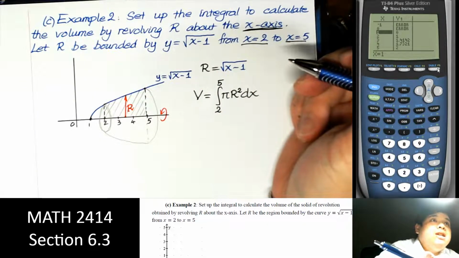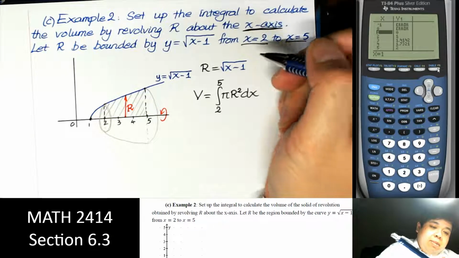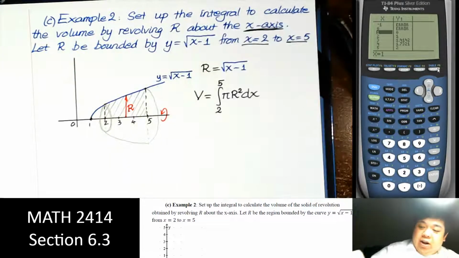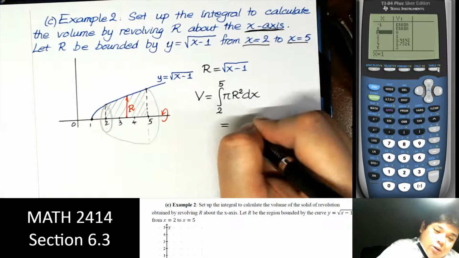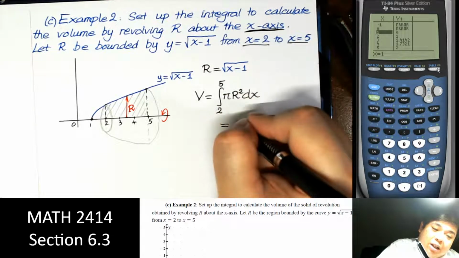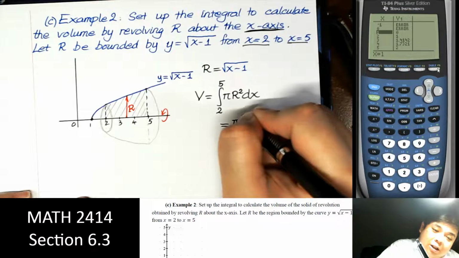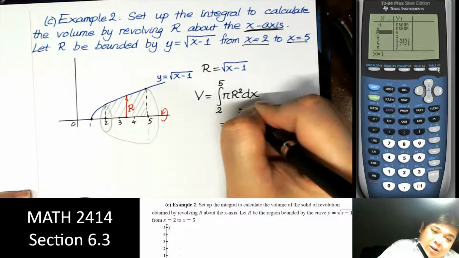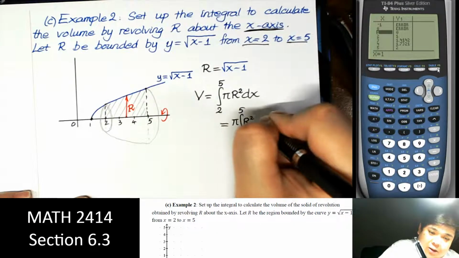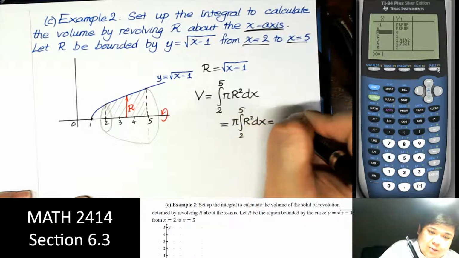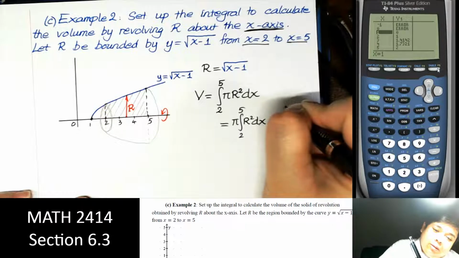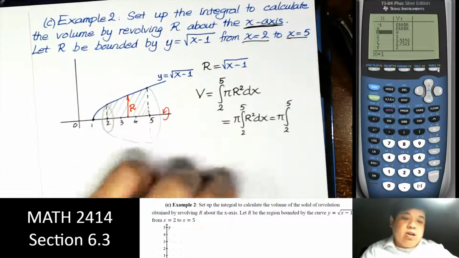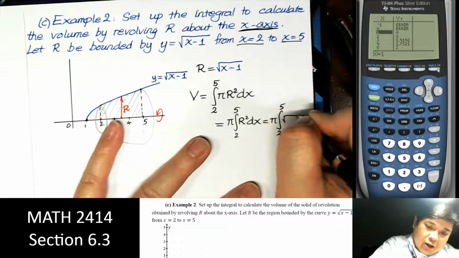Pretty much just that. Minus 0 if you will, it doesn't matter. Just that. And that will be equal to, I'm going to put a pi outside. And the radius is square root of x minus 1.